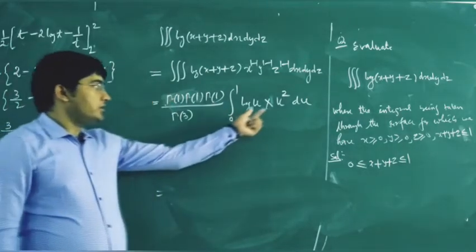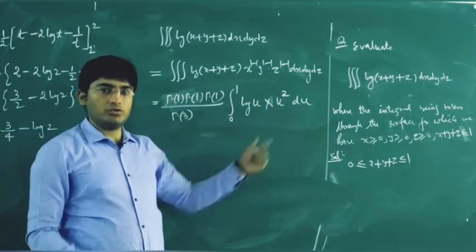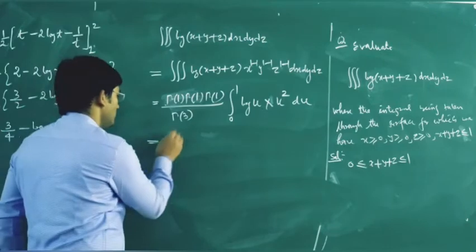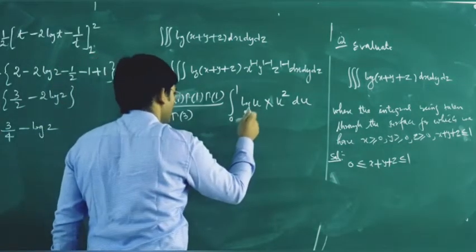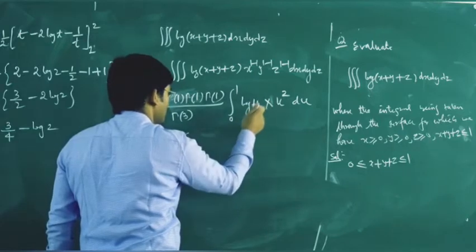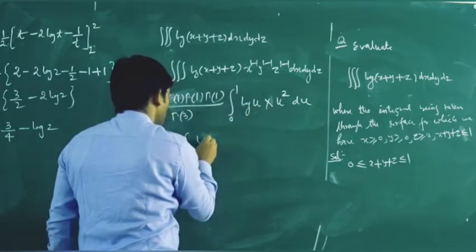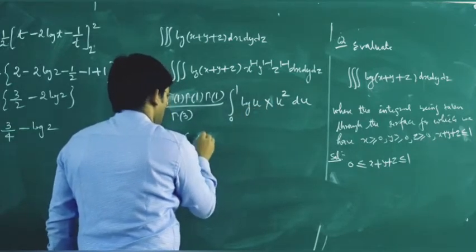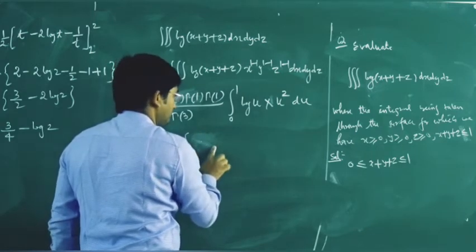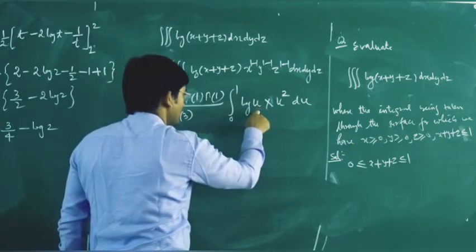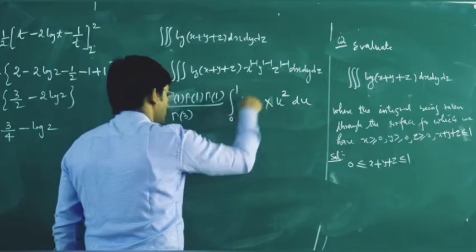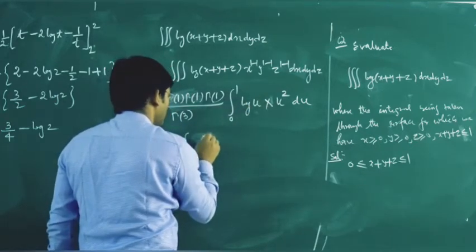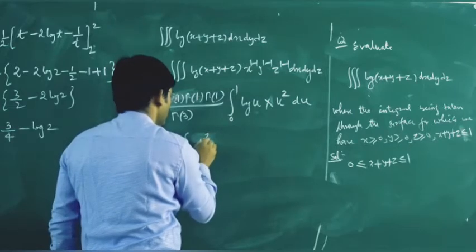Now let us integrate this integral using integration by parts. So this is equal to 1 by 2. Now we will take log u as the first function and differentiate it, and integrate u square, which will be u cube upon 3.